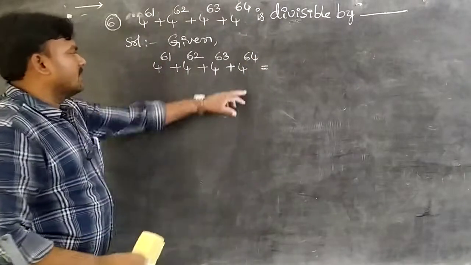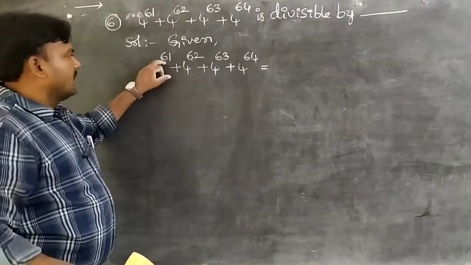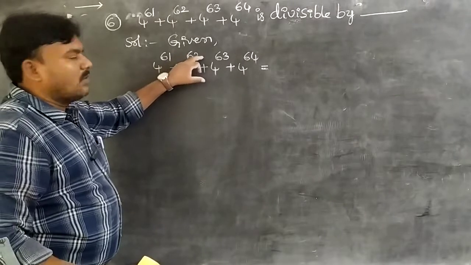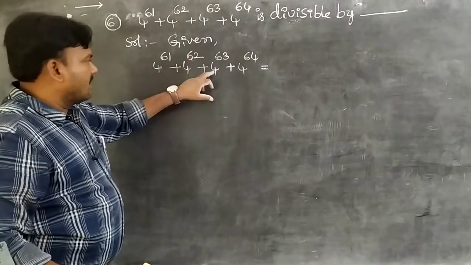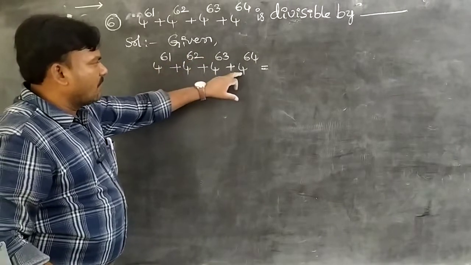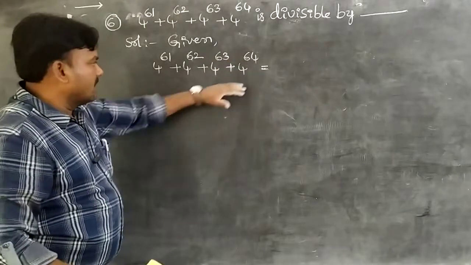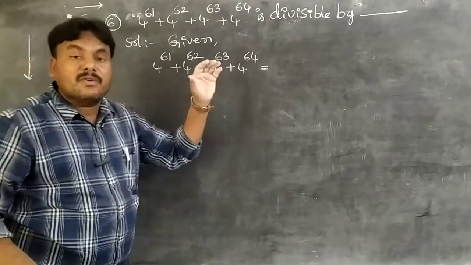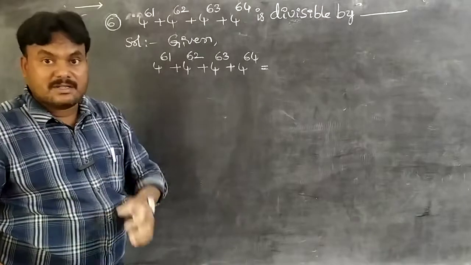In all these numbers, 4 power 61 plus 1, or here 4 power 61 plus 2, 4 power 61 plus 3, so 4 power 61 is a common factor.